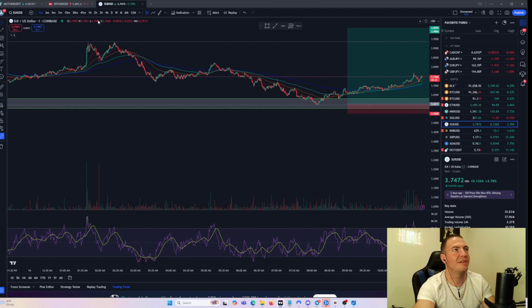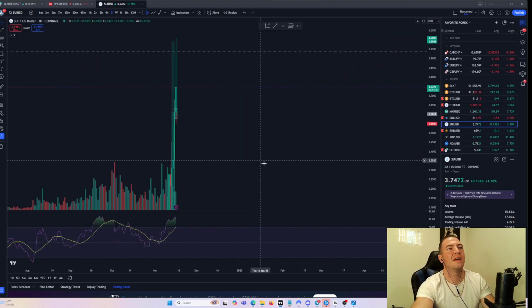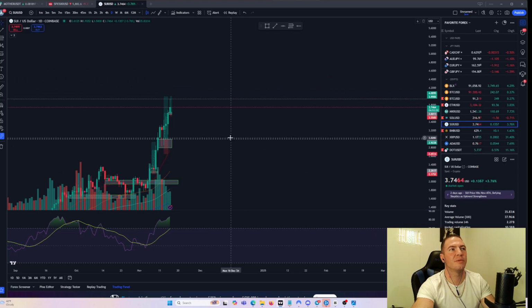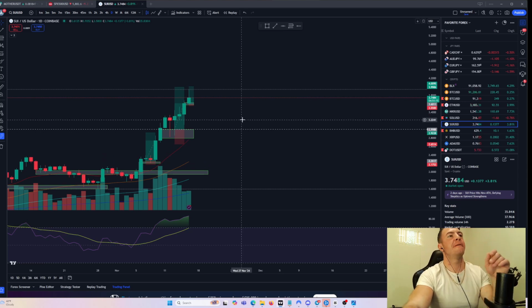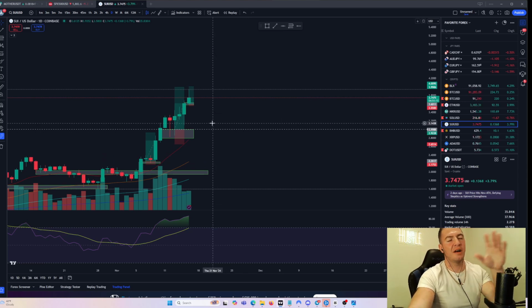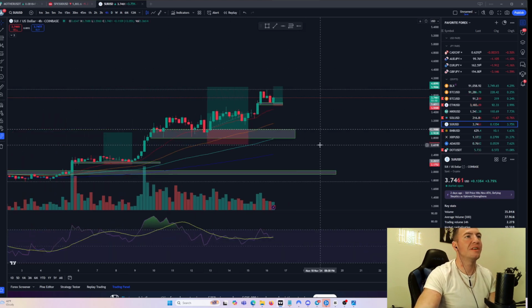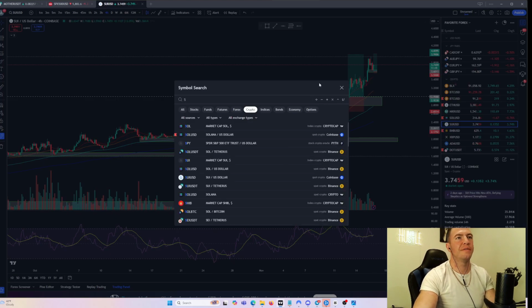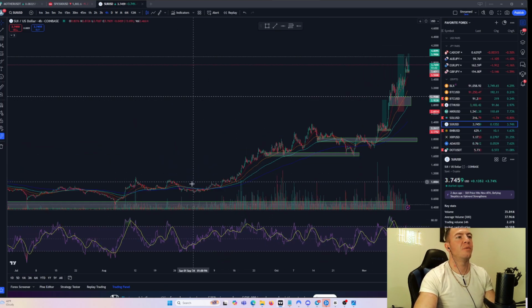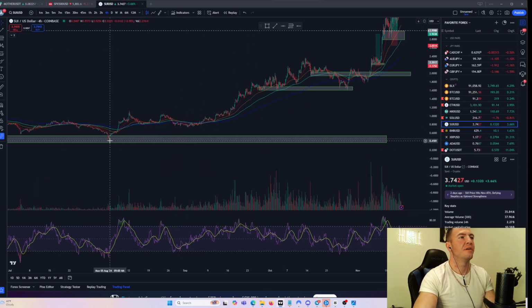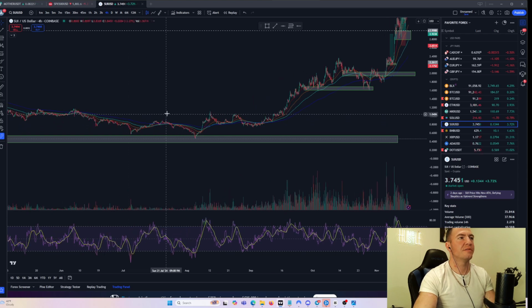And the reason it's so important to start on the higher time frames is we need to get a clear picture of the market and where it is heading. So, let's just say hypothetically, when this first broke out, we had resistance here, so it was kind of like we needed to break that.